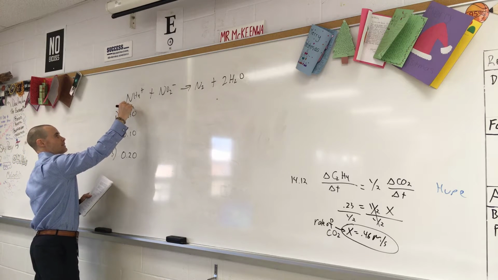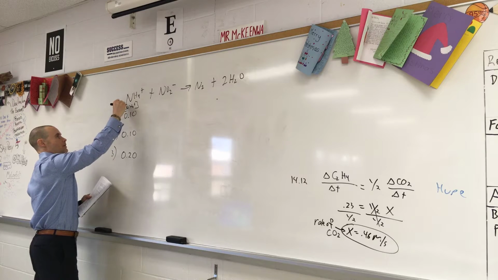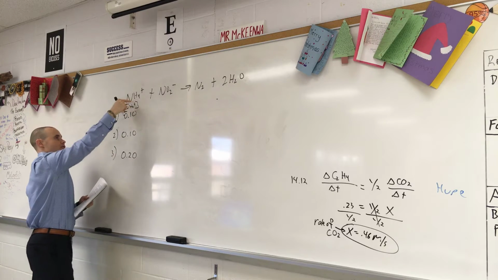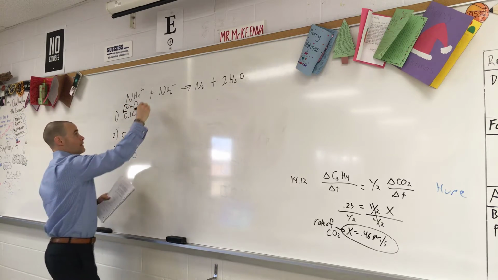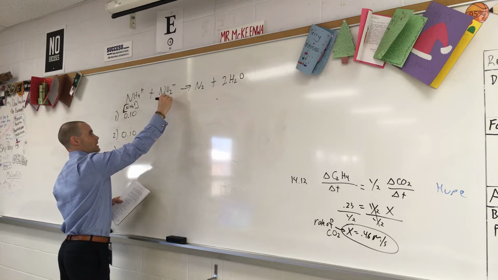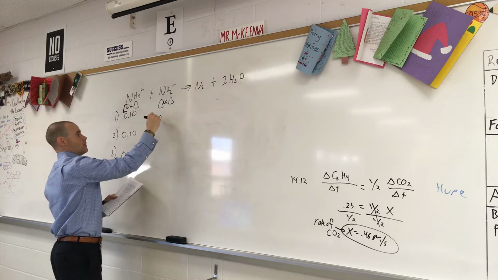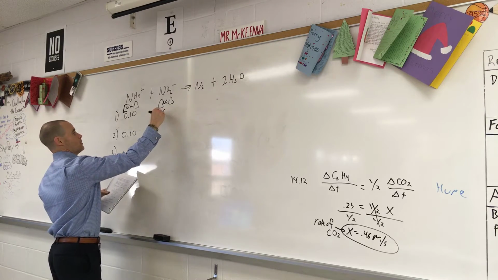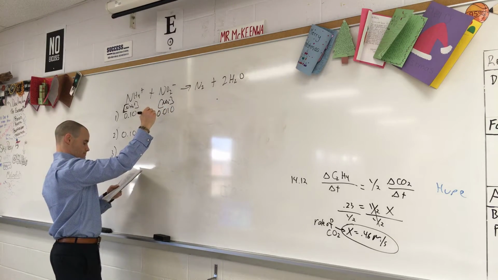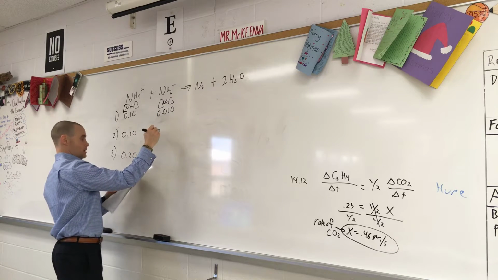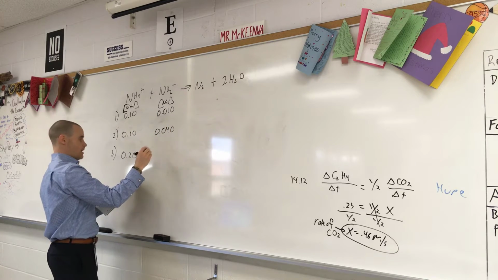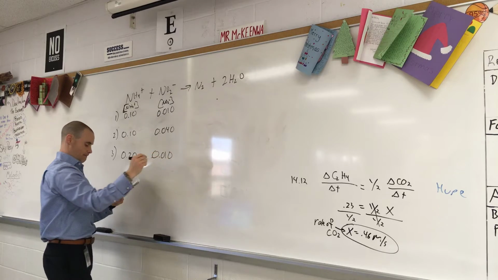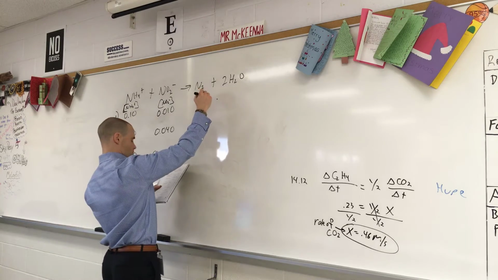Alright. Technically this would be given to you. They would label that, this is the concentration of NH4+, sorry, and this is the concentration of NO2-. We got 0.010, 0.040, and 0.010. And then they would give you the rate.